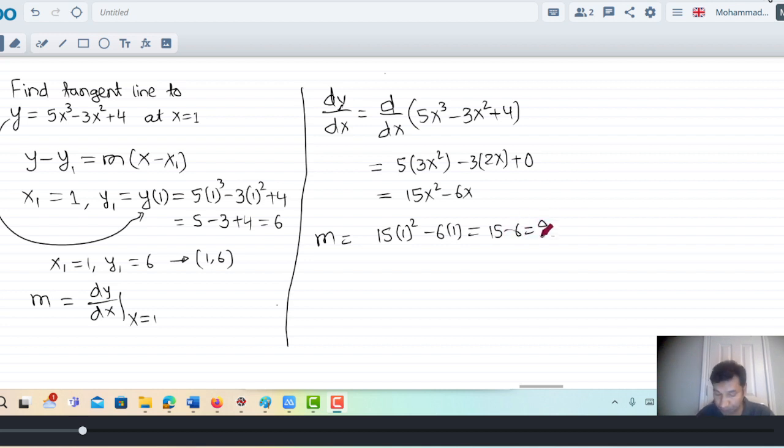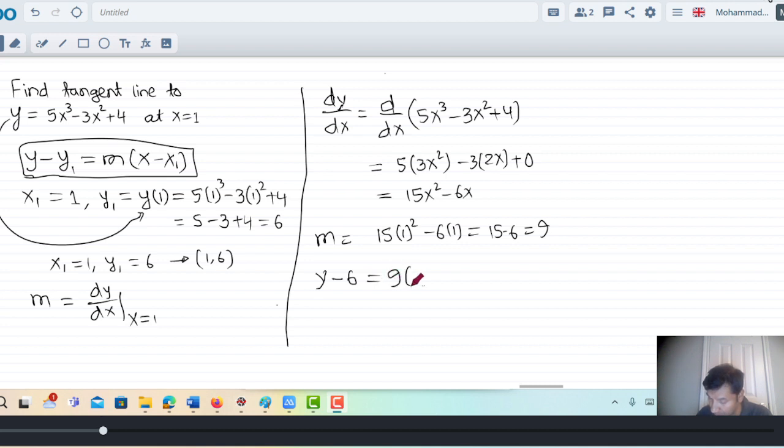So the value of the slope at point 1 is 9. Now implement this formula. We get y minus 6, slope m equals 9, times x minus 1, the x coordinate of the point.